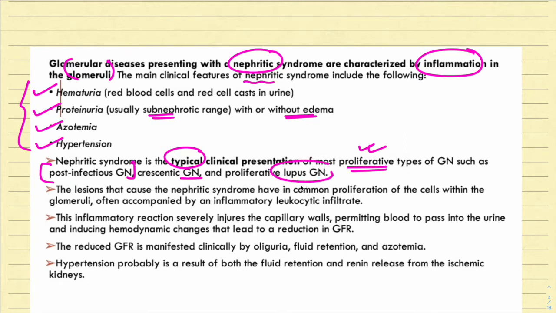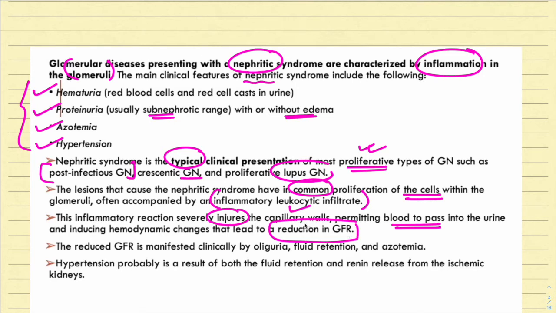Now remember, the lesions that cause the nephritic syndrome have in common the proliferation of the cells within the glomerulus, often accompanied by inflammatory leukocytic infiltration. The inflammatory reaction severely injures the capillary walls, permitting blood to pass into urine and inducing hemodynamic changes that lead to reduction in the GFR.